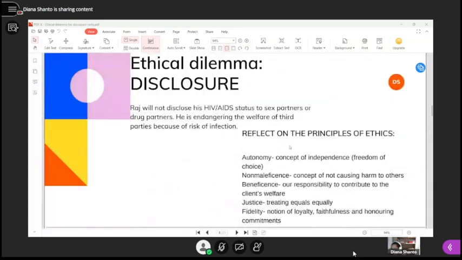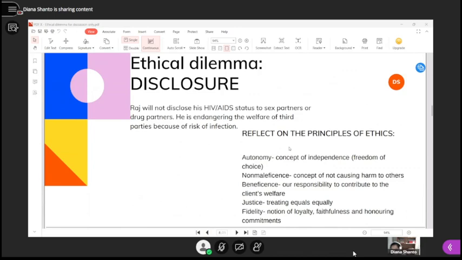Raj will not disclose his HIV status to sex partners or drug partners. He's endangering the welfare of third parties because of risk of infection. Vous avez ce client Raj qui ne veut pas dire qu'il est HIV positive to his sexual partners or to his drug partners.